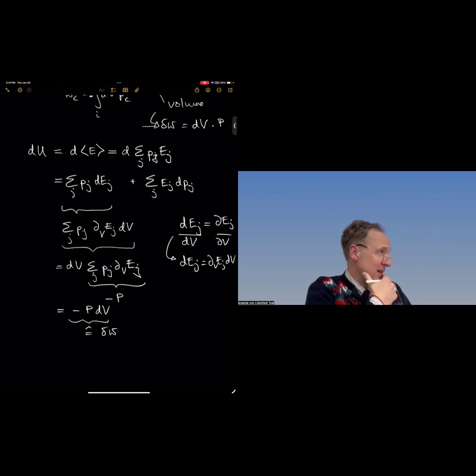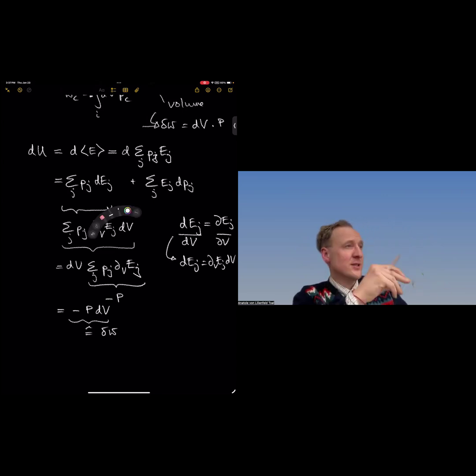Right? And that derivative is just the slope of the energy with V. And this slope is pressure, right? That's the observable we just plotted above. So the meaning of it is exactly the last equation, right?